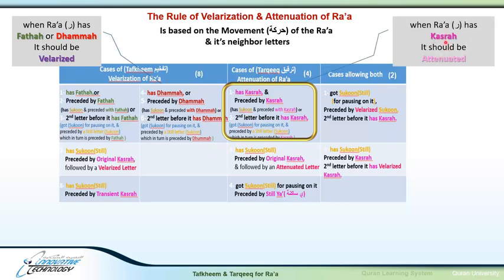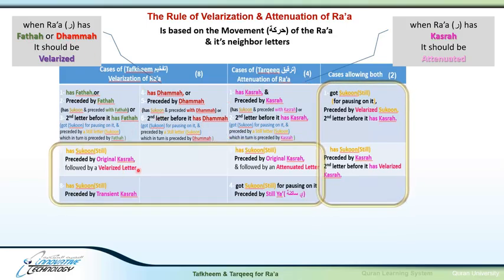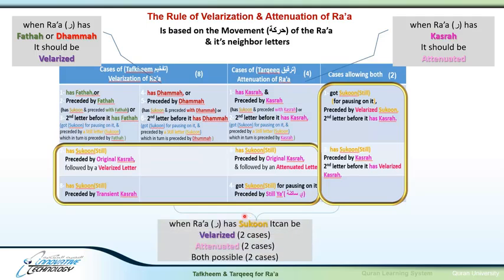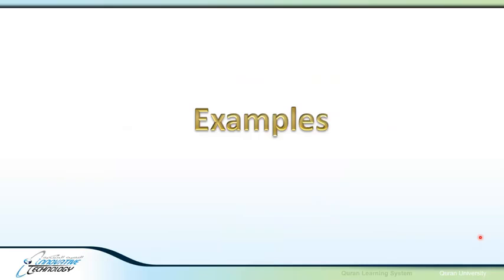So Kasra, always Tarqeeq; Fatha or Dhamma, always Tafkheem. Now what's left is related to Sukoon. When Ra has Sukoon, it can be either velarized in these 2 cases, or attenuated in these 2 cases, or it can have both possibilities, Tafkheem or Tarqeeq, as in these 2 cases. These cases will be clearly illustrated as we go through the examples.